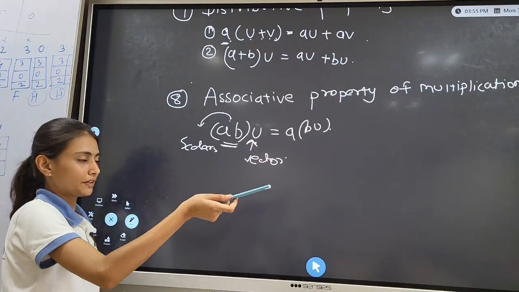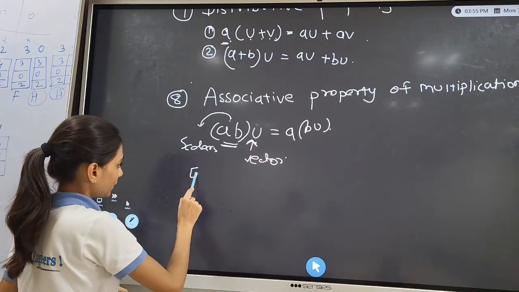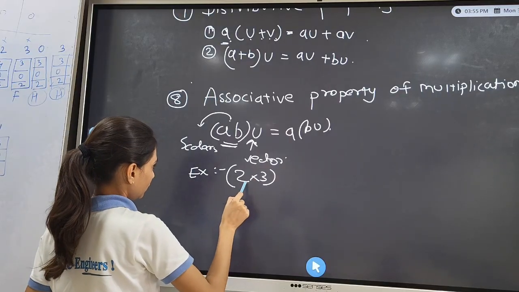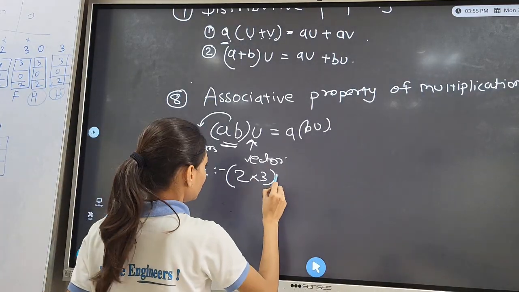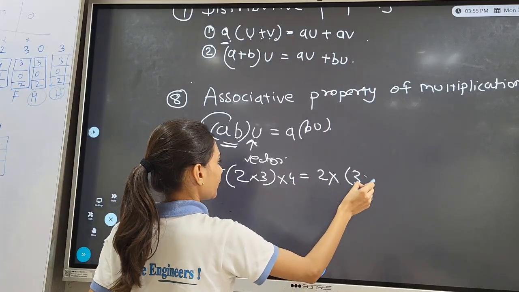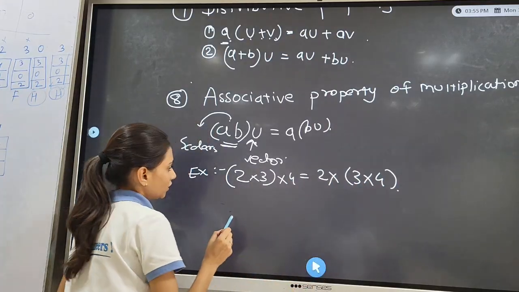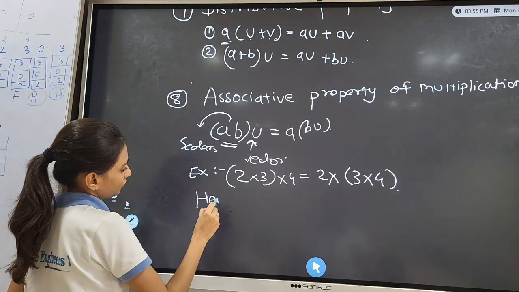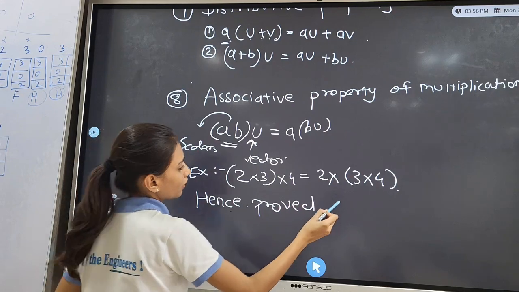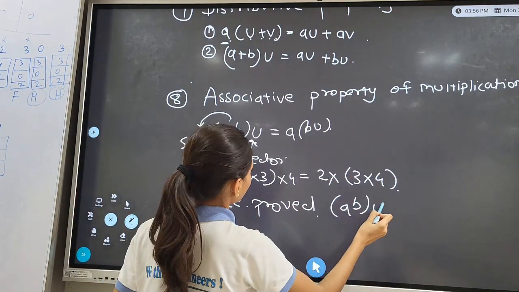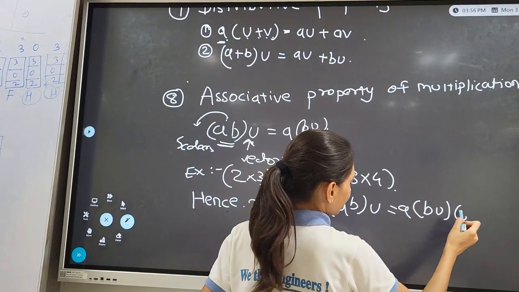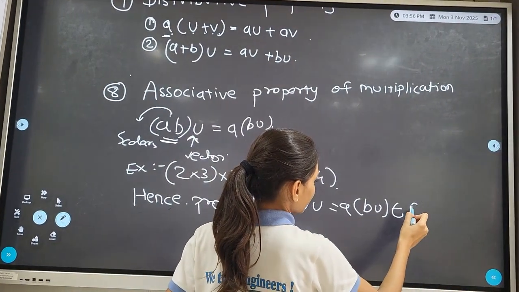Here the first two are scalars and this one is a vector. The grouping doesn't matter. For example, 2 into 3 into 4 is the same as 2 into 3 into 4 with a different grouping. Hence, we can say that the property holds.